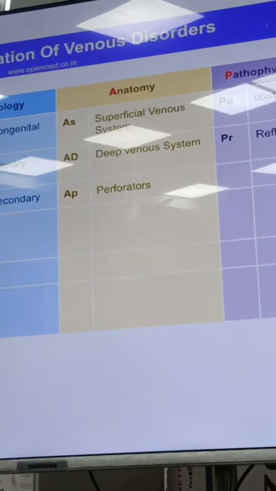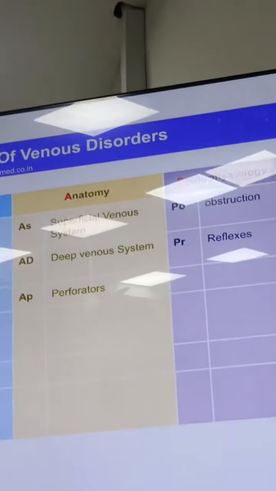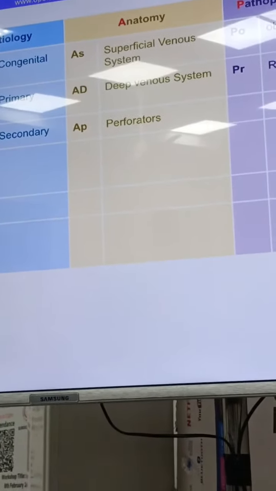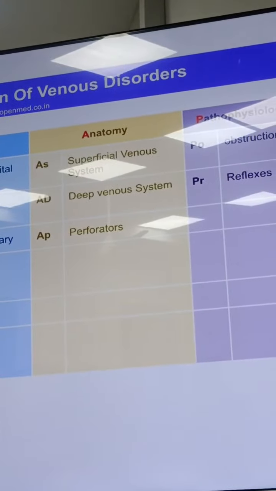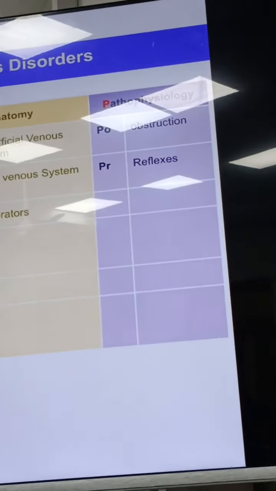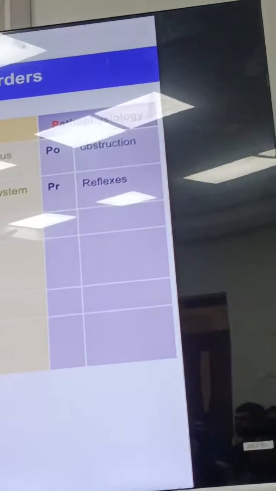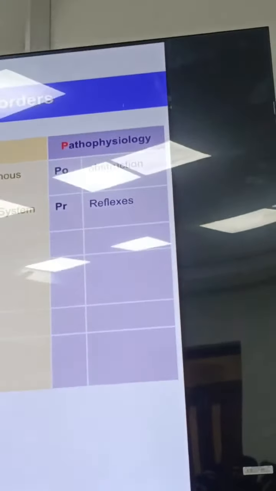And in anatomy, you want to know the system involved, whether superficial or deep. And in pathophysiology, you want to know whether the pathophysiology is obstruction or it is reflux.